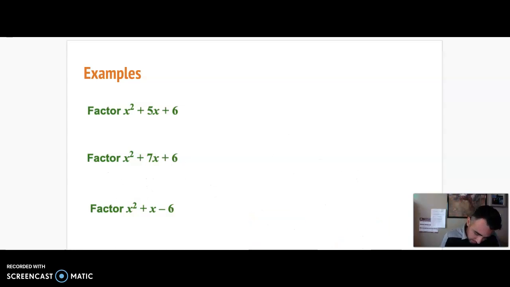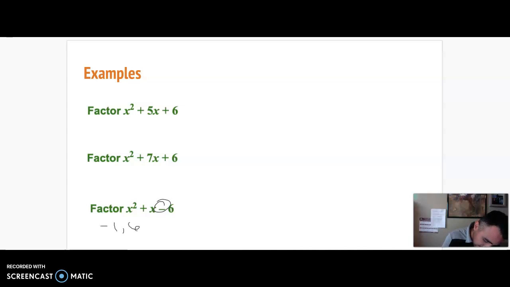All right, so moving to number 3. We have x squared plus x minus 6. Same idea, but notice that it's a negative 6 now. So what two numbers multiply together equal negative 6? We have a negative 1 and 6.